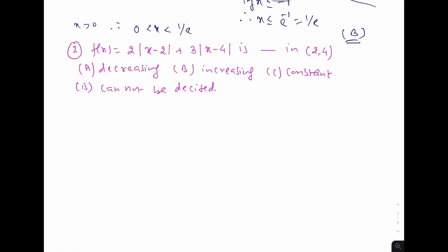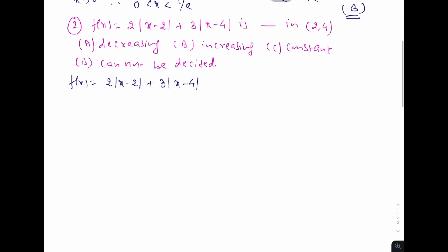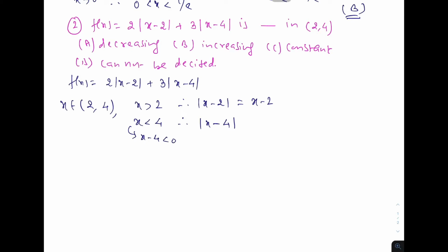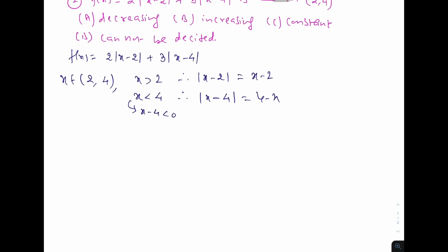So now see here, f(x) equal to 2 times modulus x minus 2 plus 3 times modulus x minus 4. Now here we are given x is in 2 to 4. So x greater than 2, and therefore modulus x minus 2 is x minus 2. x is less than 4, therefore x minus 4 is negative, so modulus x minus 4 is 4 minus x, or minus of x minus 4.